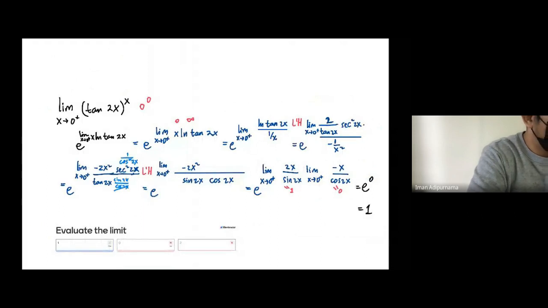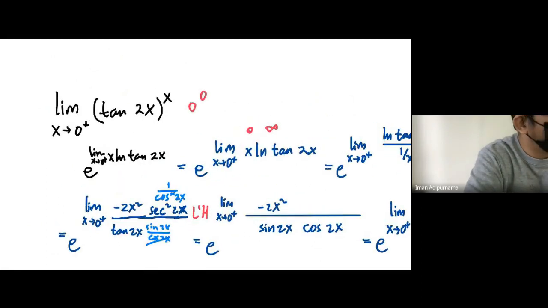Okay, the second part: this is having tangent of x with power of x. It's 0 with power of 0. So we call this indeterminate, right?